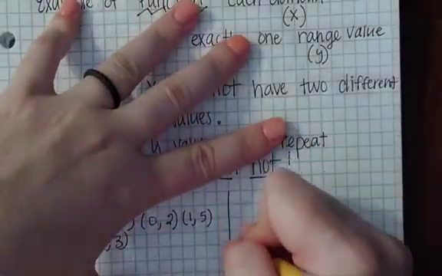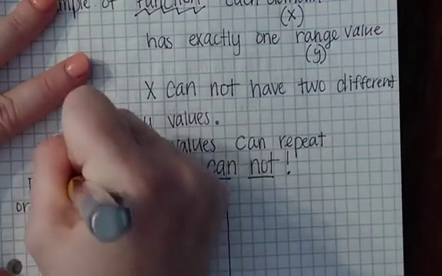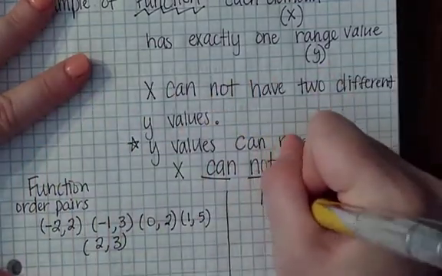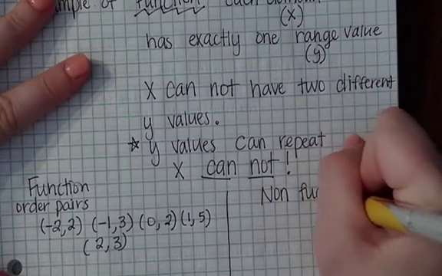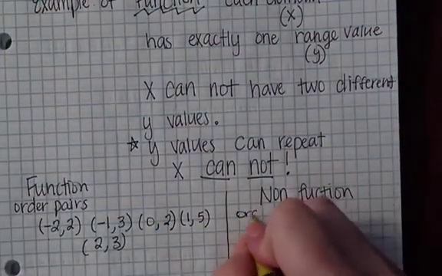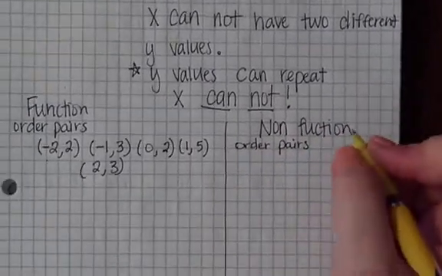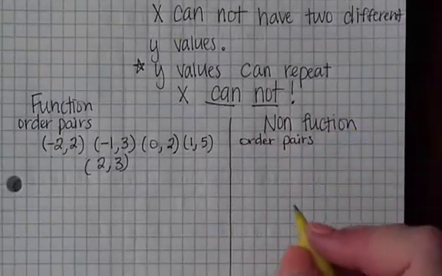So we're going to do the function one on this side, and non-function on this side. So again, ordered pairs. Okay, there we go, my air conditioner turned off.